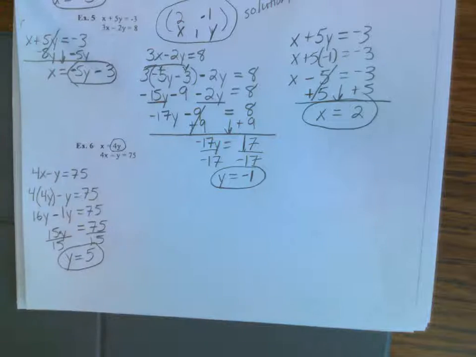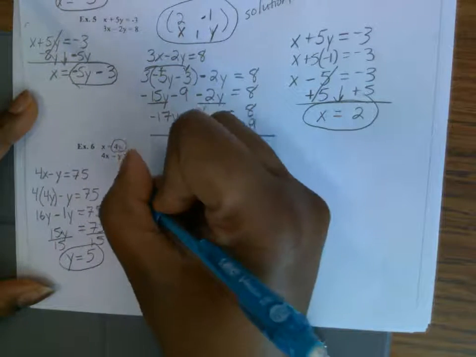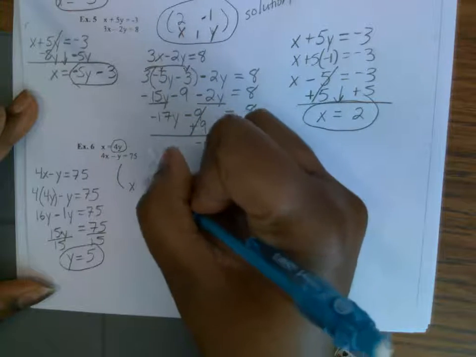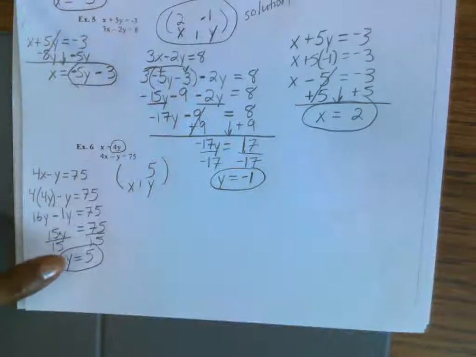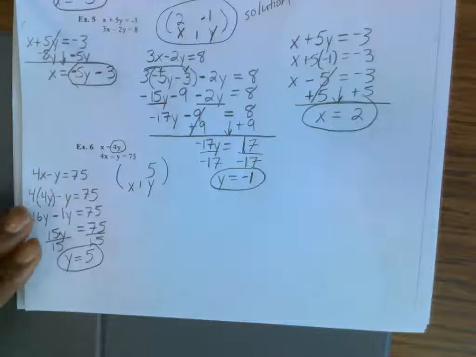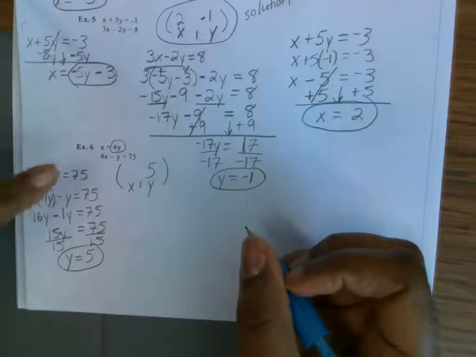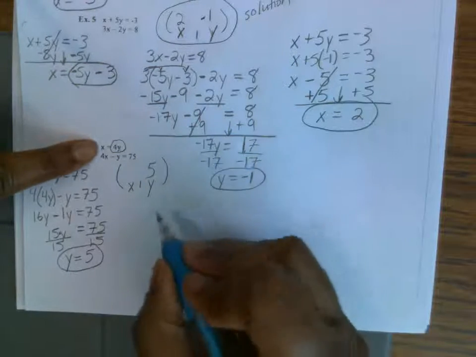Okay. So remember, my y coordinate is 5. So now all I got to do is figure out what x is. So I'm going to use the easiest equation again. That's going to be that first one.